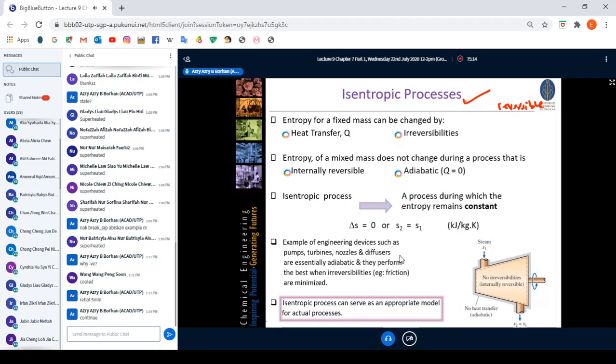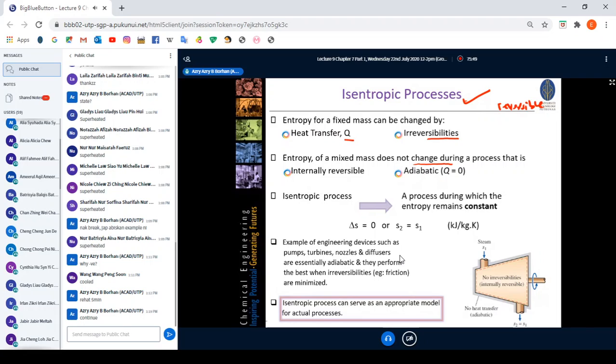So basically, if you have entropy for a fixed mass, the entropy can be changed due to heat transfer and also the presence of irreversibilities. That means the entropy for a fixed mass will not change if that process is internally reversible and adiabatic.